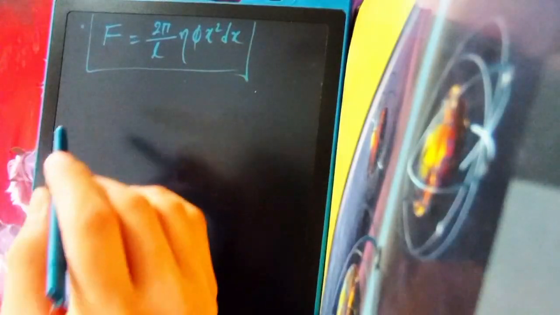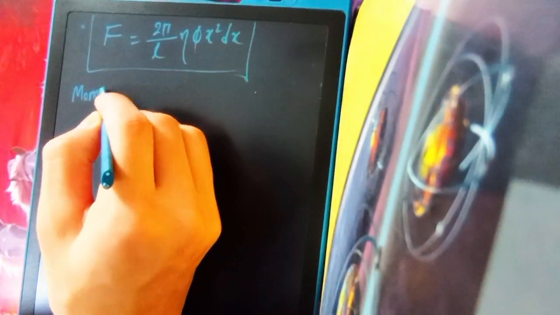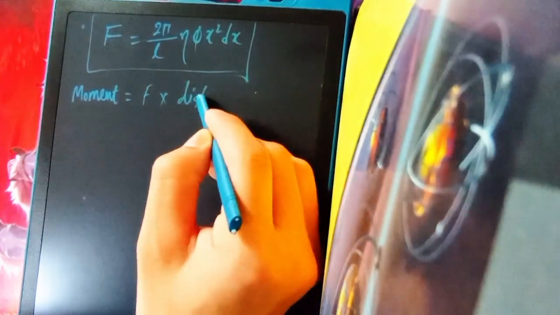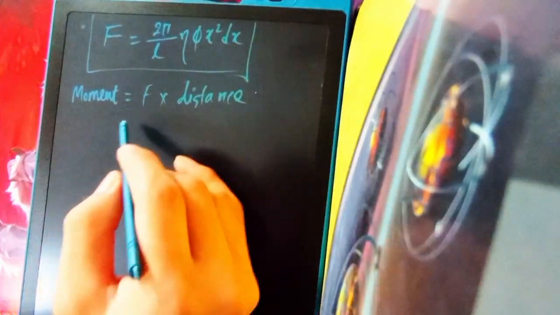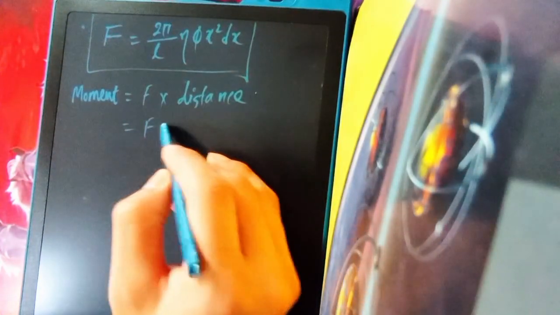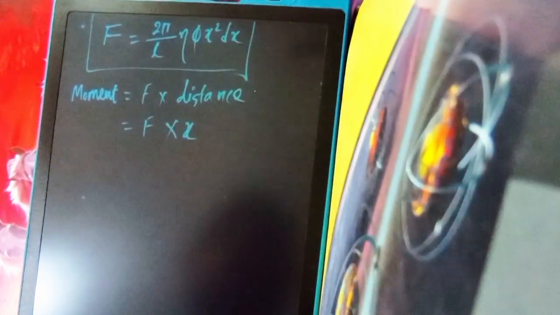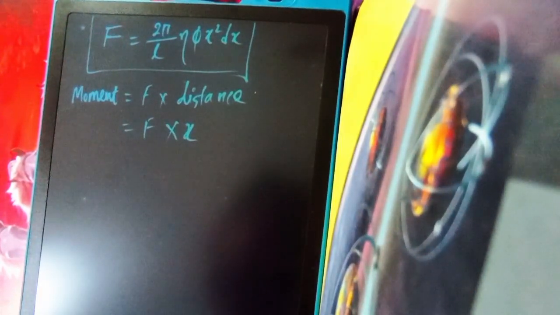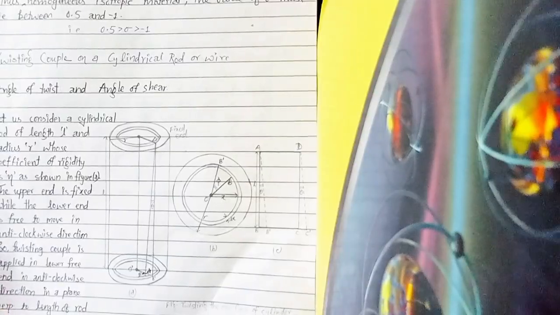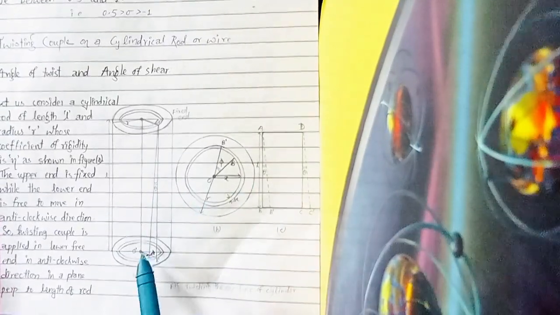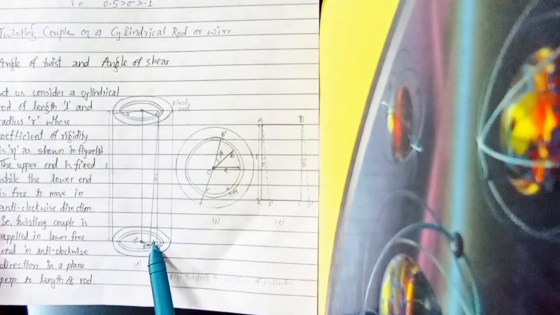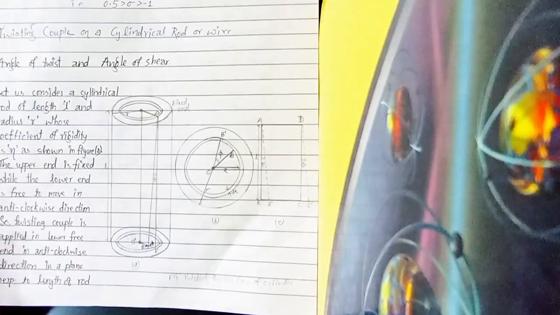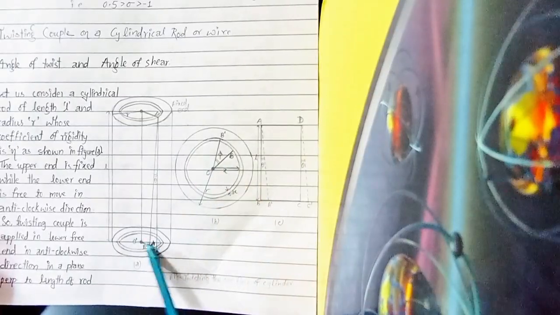Moment of the force is equal to force into perpendicular distance, and here the perpendicular distance is x.